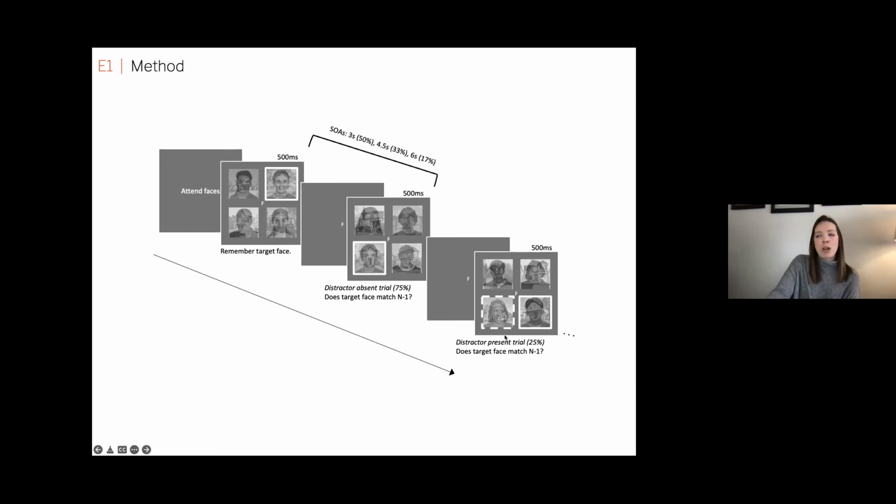But if distraction does disrupt that attentional filter that's in place to prioritize the faces, then on attend-face blocks and distractor-present trials, we should see an incidental increase in PPA activity, an increase in the part of the brain that processes houses. Because what's happening is they're incidentally processing the house in this image rather than the face, following the breakdown of that attentional filter.